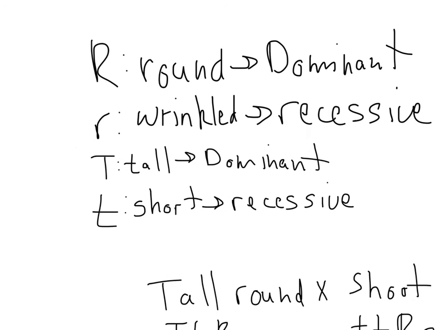So again, we've got big R, round seeds, dominant, little r, wrinkled seeds, recessive, big T, tall plant, dominant, little t, short plant, recessive.